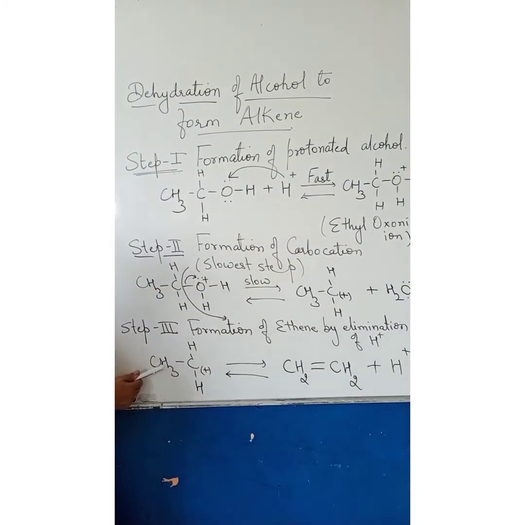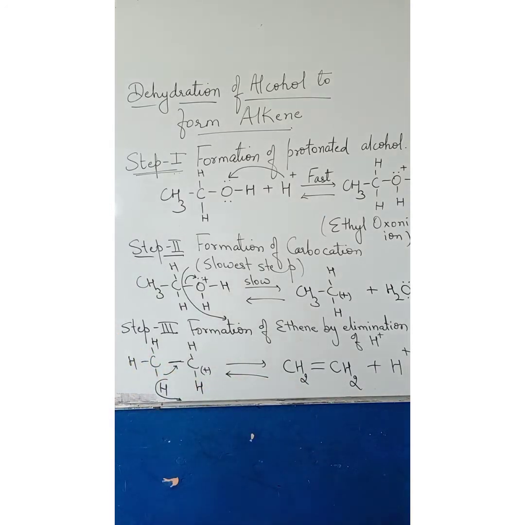So the proton from this carbon leaves, right? We can expand it like this, H, H, H. So this proton leaves, and this electron pair satisfies this deficient carbon by forming a double bond, and in this way from alcohol an alkene is formed.